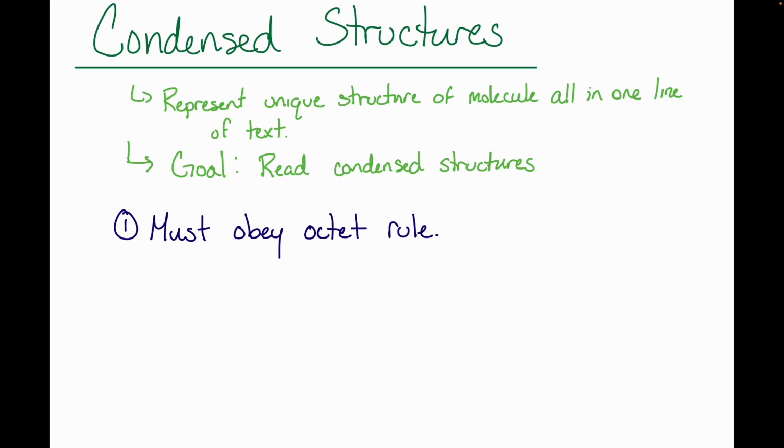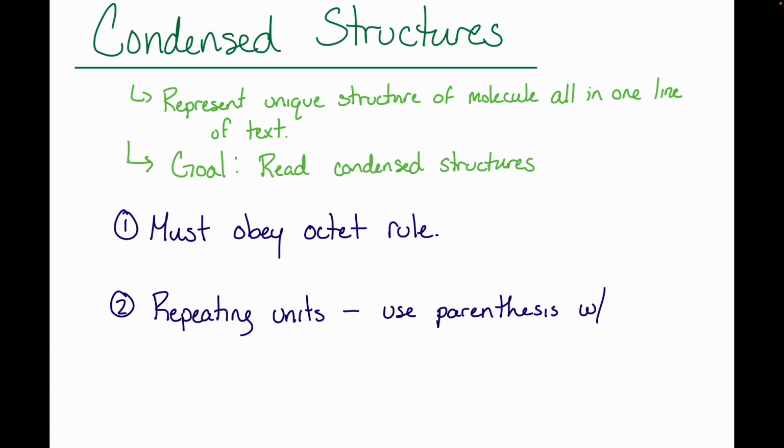Okay? One of the ways that we're going to say that things get condensed is if we have repeating units. We can represent them, or rather, we're going to use parentheses with a subscript indicating how many we have.